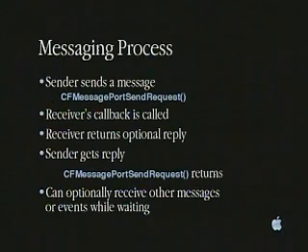And the sender would create a remote message port to represent the destination of the message, and call CFMessagePortSendRequest with the message to be sent. Then the receiver will be notified within its run loop, getting a callback. And if there's a reply, the receiver would return the reply, and then the sender would get the reply, and the message port send would return.